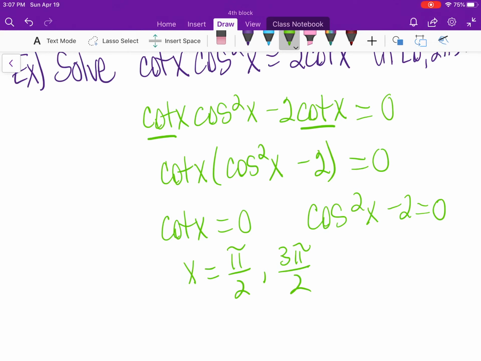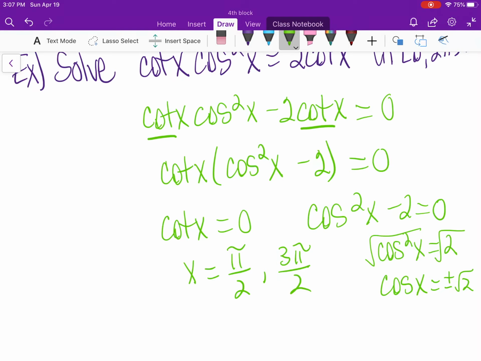Then for the cosine squared x minus 2 equals 0, that's going to be cosine squared x equals 2. So cosine x would equal plus or minus, because we'd have to square root both sides, plus or minus radical 2. So where is your cosine value equal to a positive or negative radical 2?